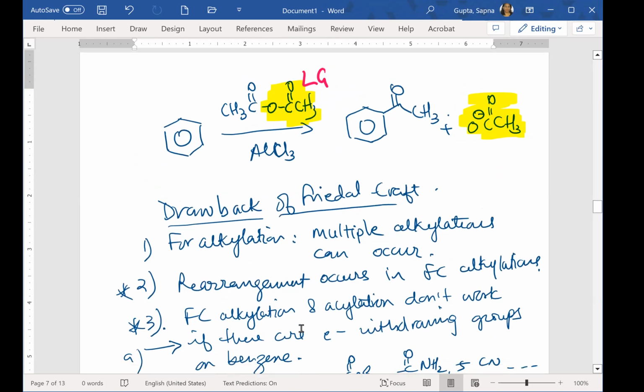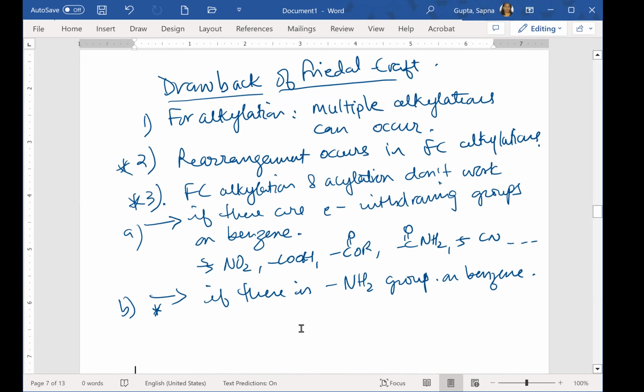So these are the drawbacks. That's it, just 3 drawbacks. But they are big drawbacks, because when you're doing a synthesis, you want to make sure you do things in the proper sequence, so you don't run into a situation where I have to write, oh, this reaction is not going to take place. It happens a lot. Right now we're doing mono substitution, which is just replacing one hydrogen.